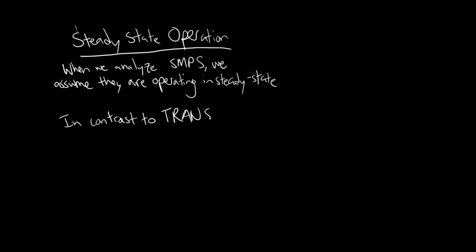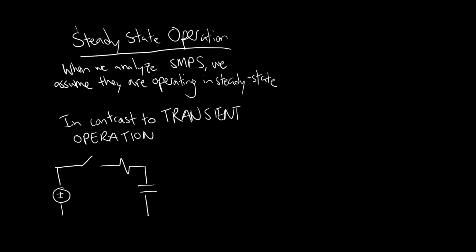The reason I bring up the idea of a transient occurring is because you're probably already familiar with what a transient is, right? So maybe in your circuit theory class you might have encountered something like this, where you have a switch, a resistor, and a capacitor, or a resistor and an inductor, or a resistor, inductor, and capacitor, right?